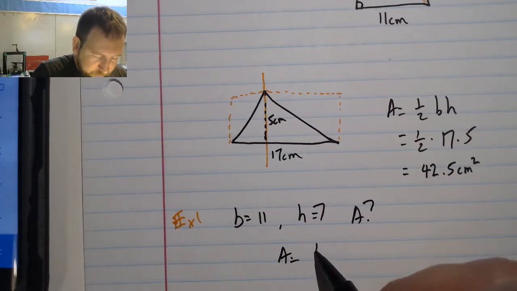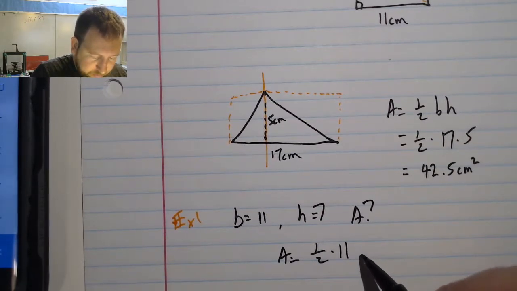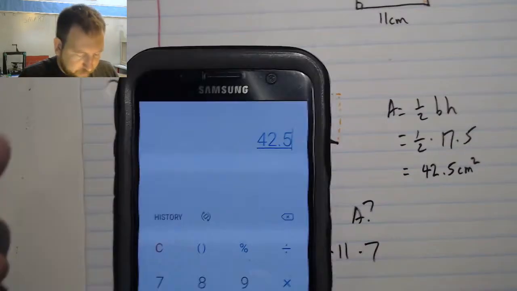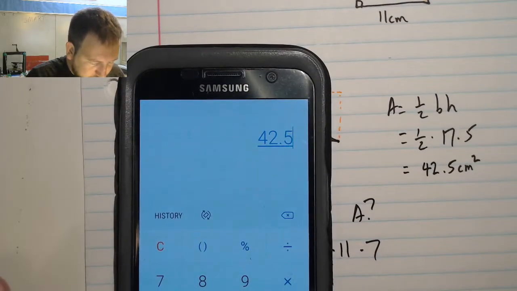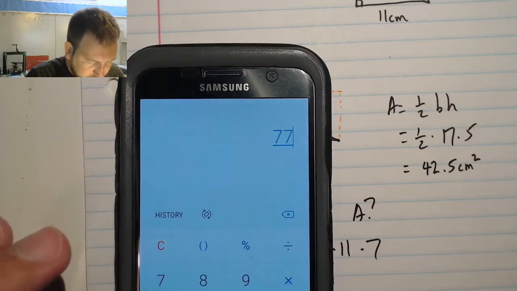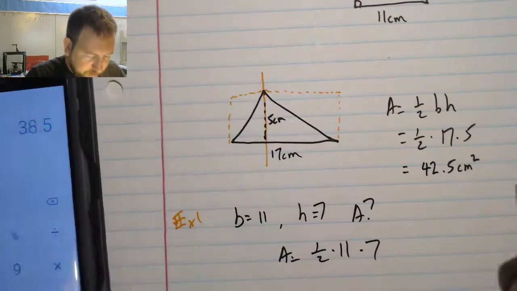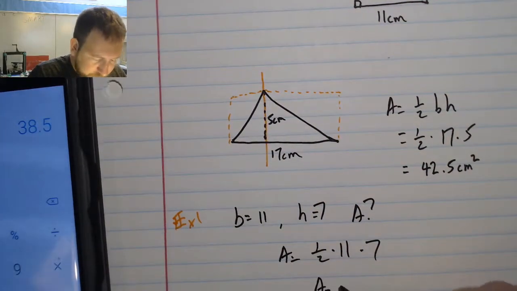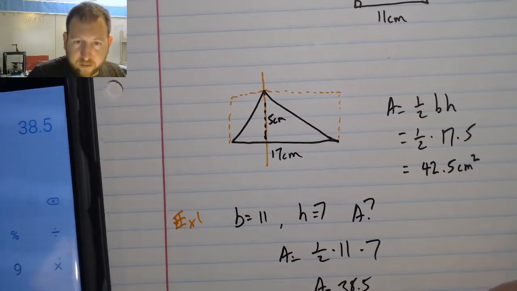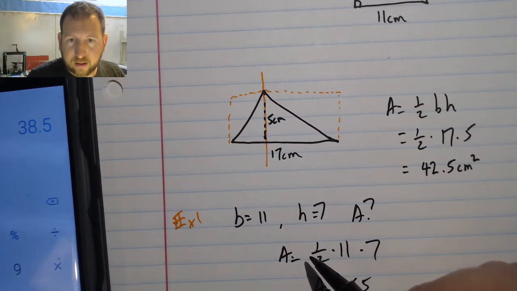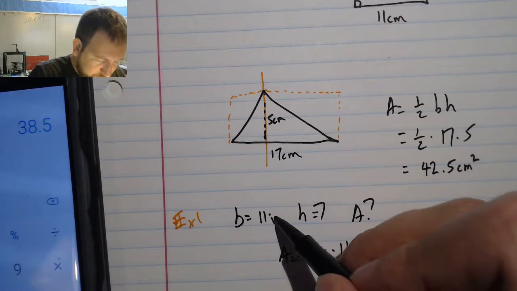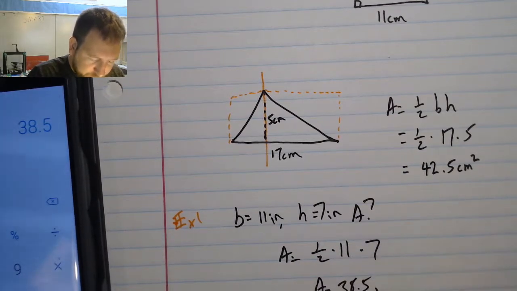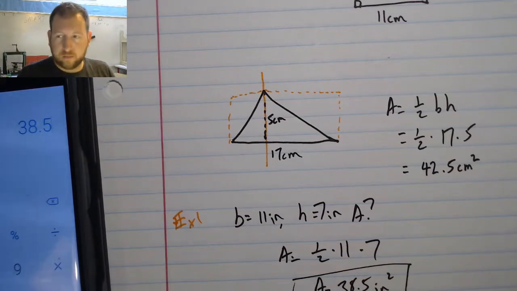Area equals 1/2 times 11 times 7. I'll do 11 times 7, 77 divided by 2. Area equals 38.5. And in this case, it was in inches. And I gotta remember those units. There we go. Done.